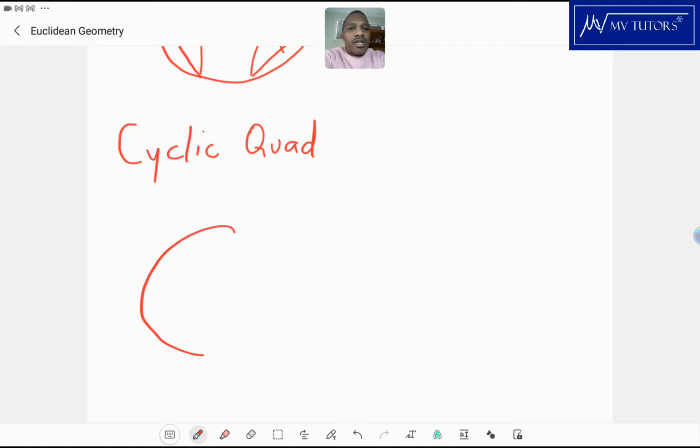The first one is that if you have a circle and you have a cyclic quad. Now, what's a cyclic quad? It's a quadrilateral that is inside a circle, so all the points of it touch the circle. That makes it a cyclic quad.